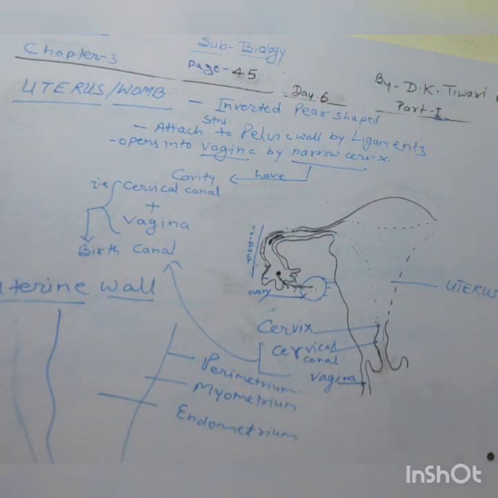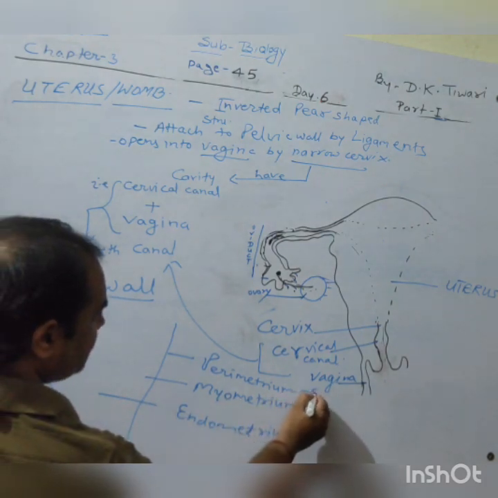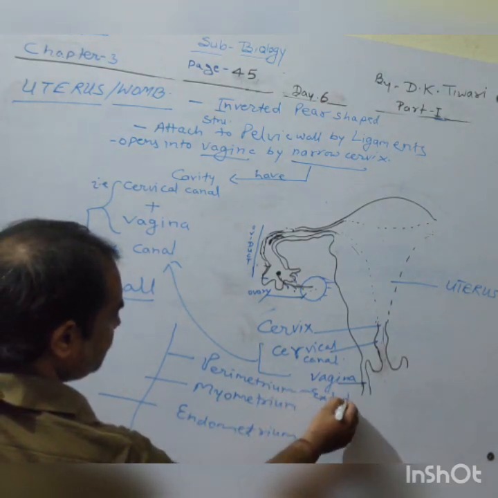These are the three distinct layers, where the perimetrium is the external thin membranous structure.